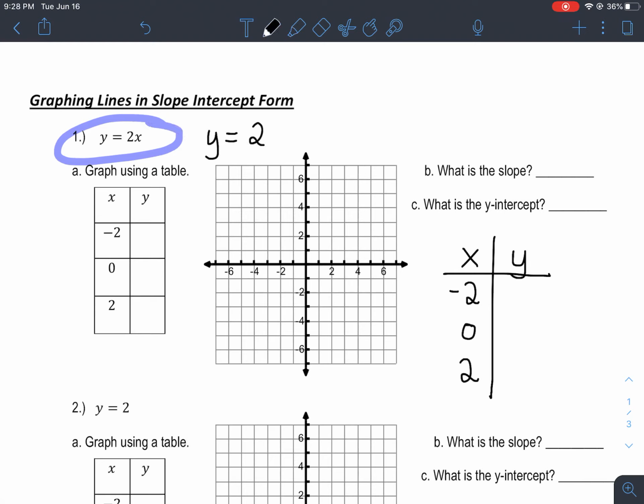Well, y equals 2 times x, so if we know x is negative 2, y must equal negative 4 when x is negative 2. And I can use that to generate all my points. So now if x is 0, if I plug that in here, 2 times 0 equals 0. And then if I plug in 2 for x, 2 times 2 is 4.